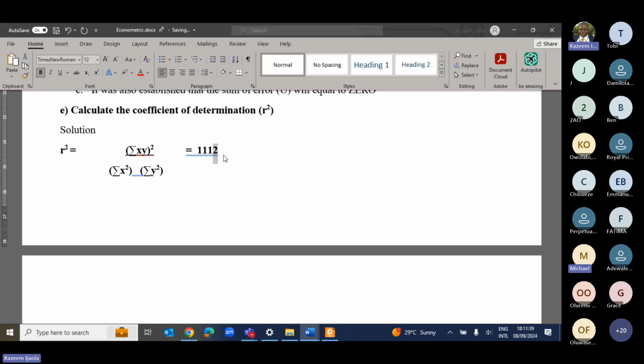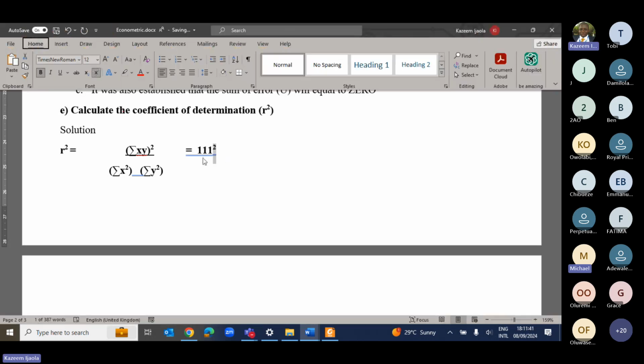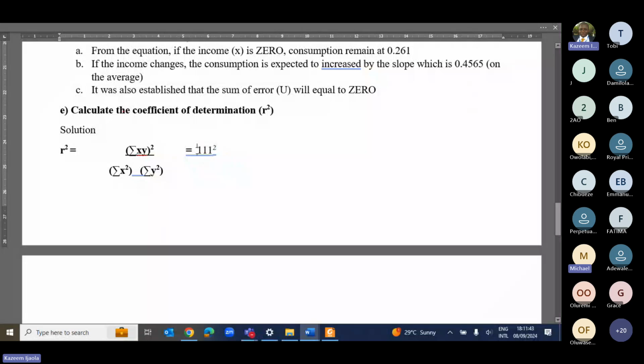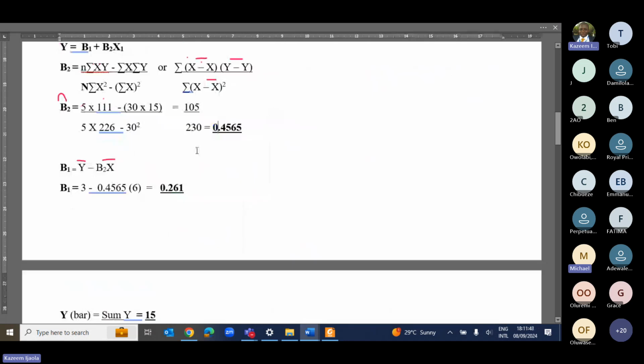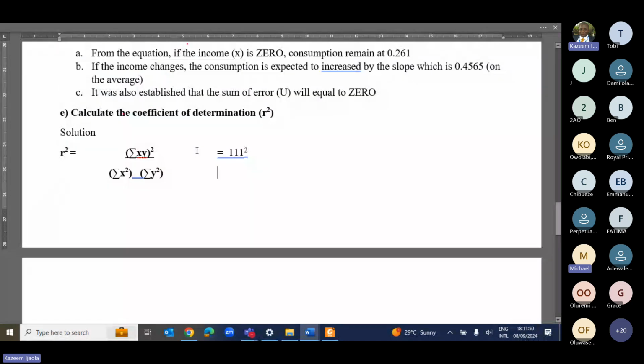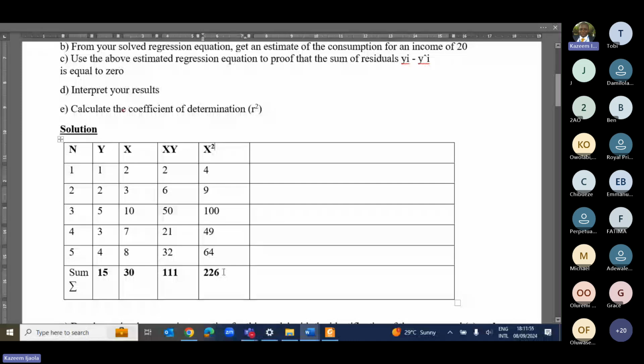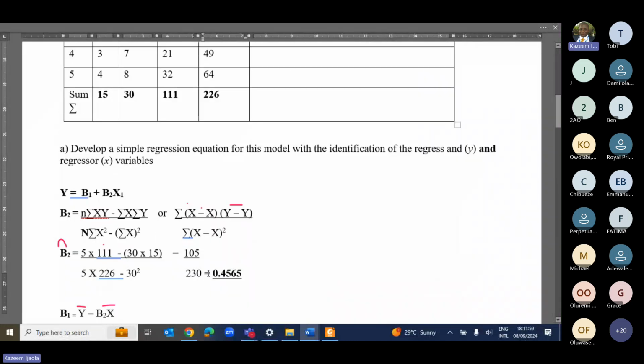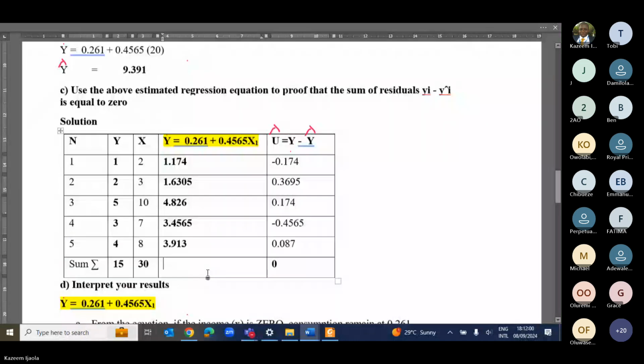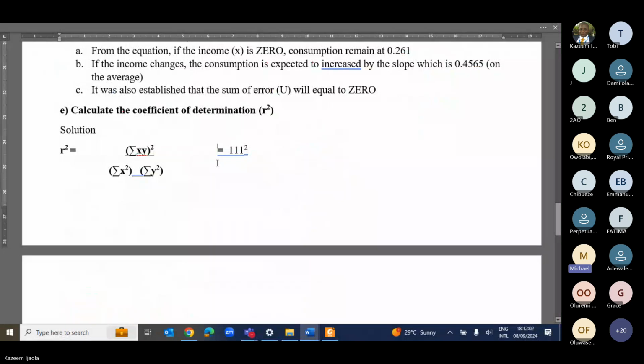Then you will divide it by summation x square alone. This is the x square. Summation x square is 226. So you pick it, 226, multiplied by summation y square.